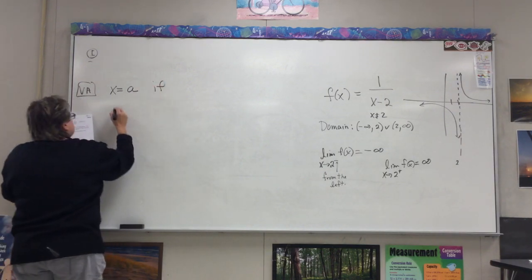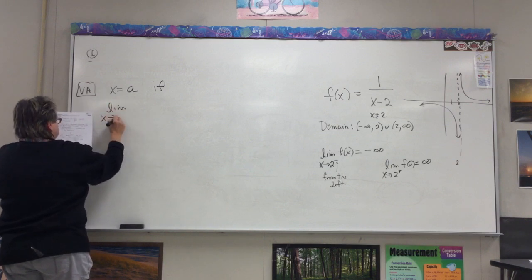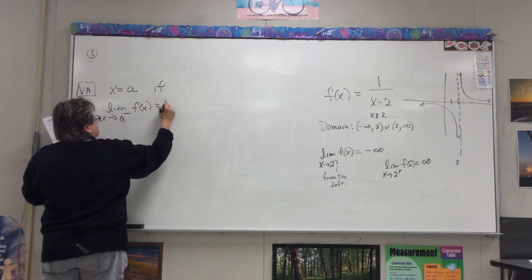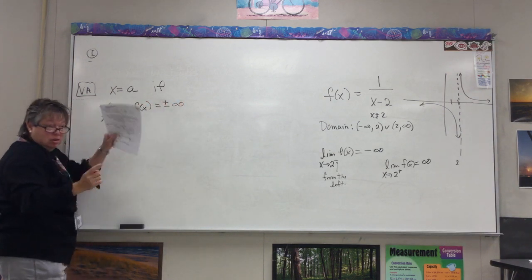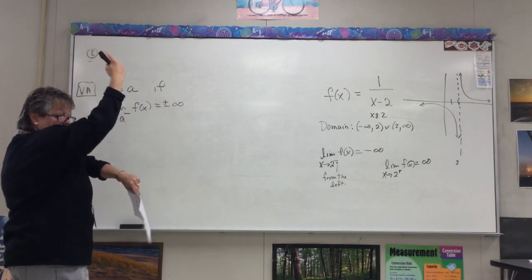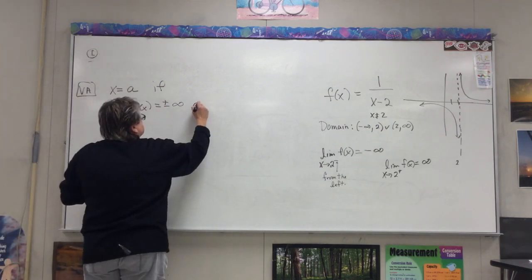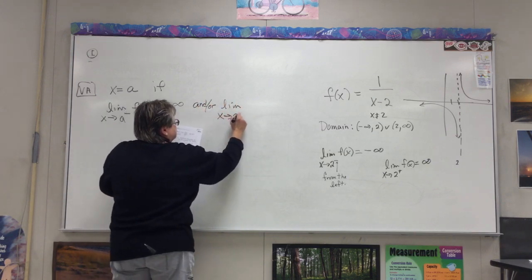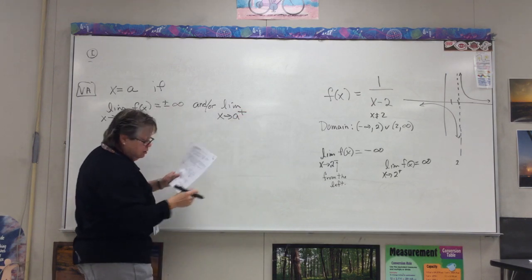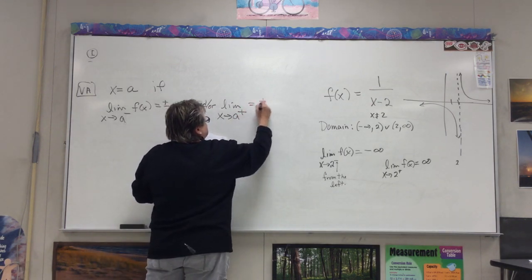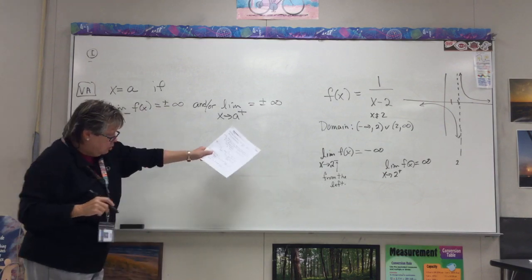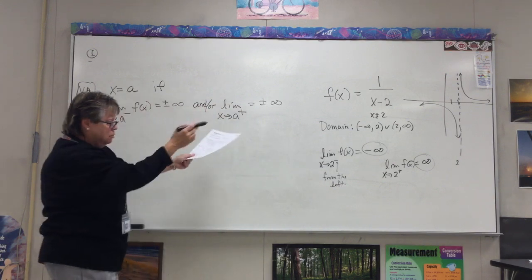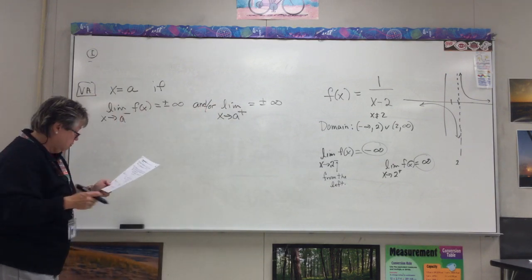If the limit as x approaches a from the left is going to plus or minus infinity, so it's either going up or going down, or, depending, the limit as x approaches a from the right, with that little plus sign there, goes to plus or minus infinity. So our limit statements were going to plus and minus infinity, so absolutely we have a VA over there, okay?